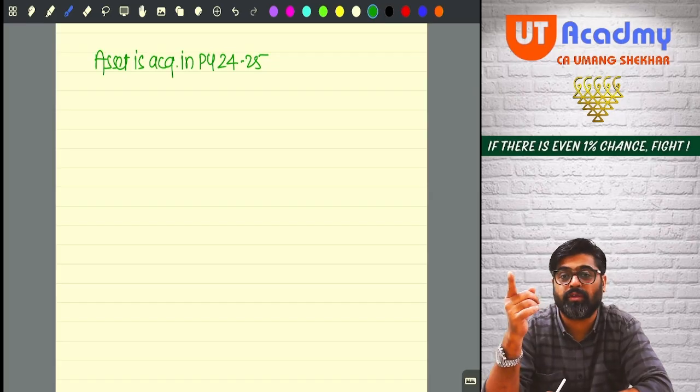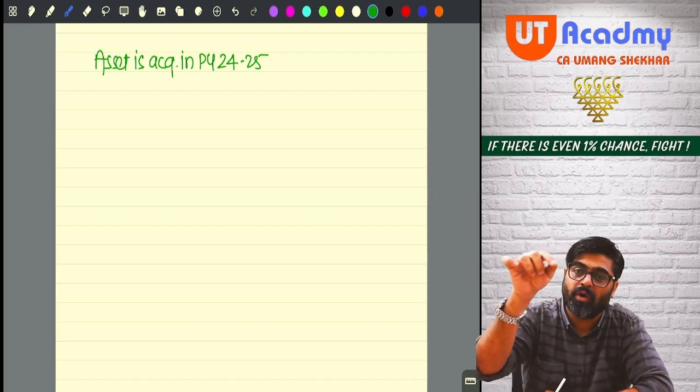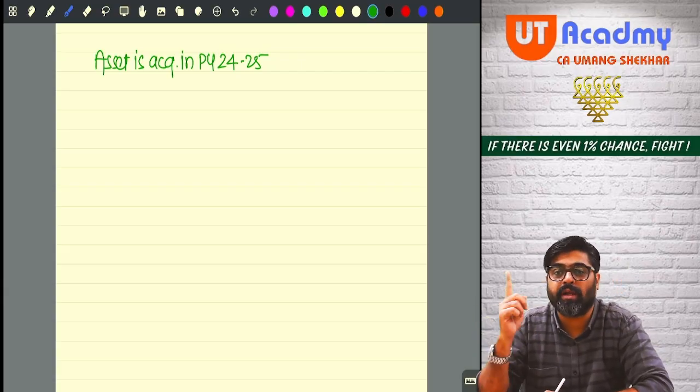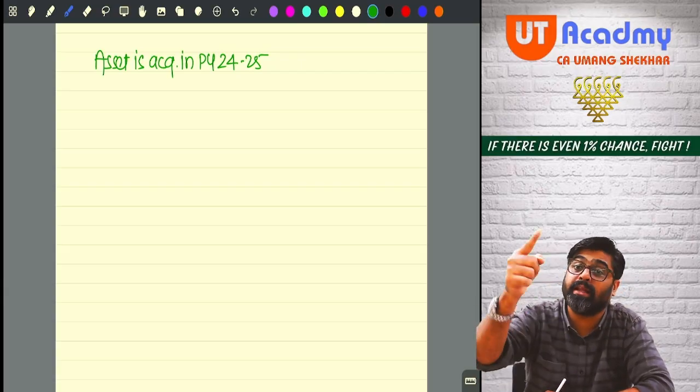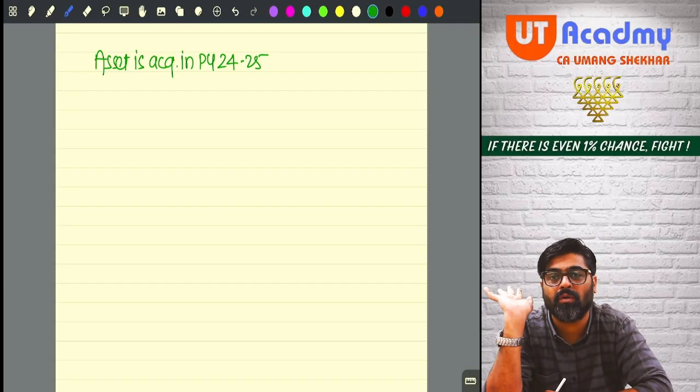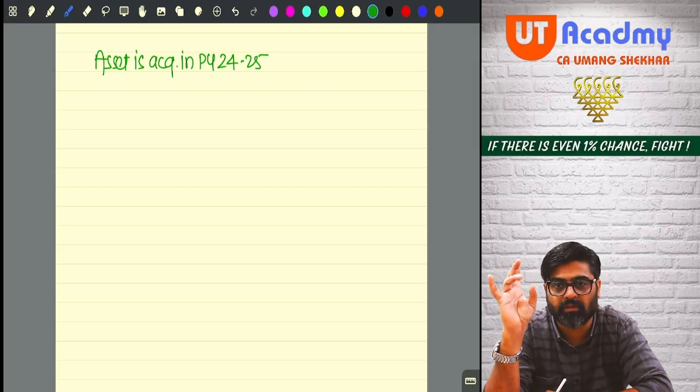Now if you want to say that in this year on that asset the depreciation will be allowed at full rate or half rate, you will have to check for how many days the asset was put to use in that same year. So you'll have to count the number of days.